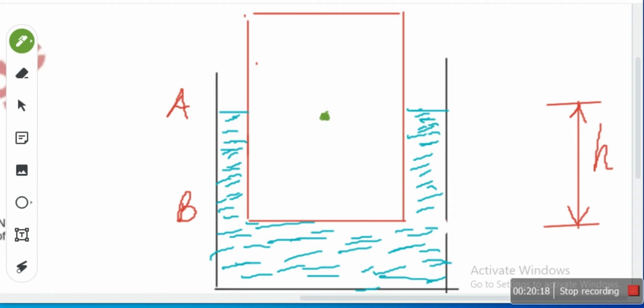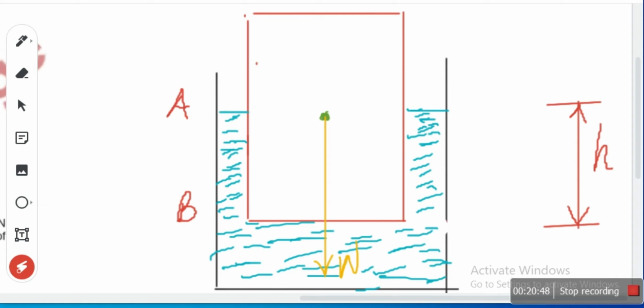Let me use a different color to represent the weight. The weight acts downward, is it not? Are you ready? Good. Between point A and point B, there's a difference in pressure.